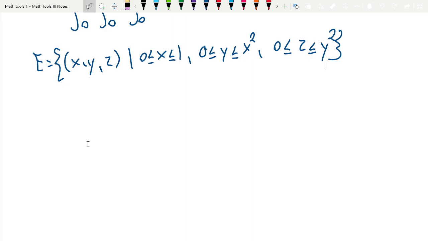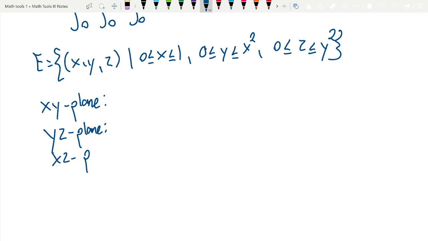So we want to break it down. What are we looking like on the xy plane? What are we looking like on the yz plane? And what are we looking like on the xz plane? The xy plane is where z is 0. The yz plane is where x is 0. The xz plane is where y is 0.